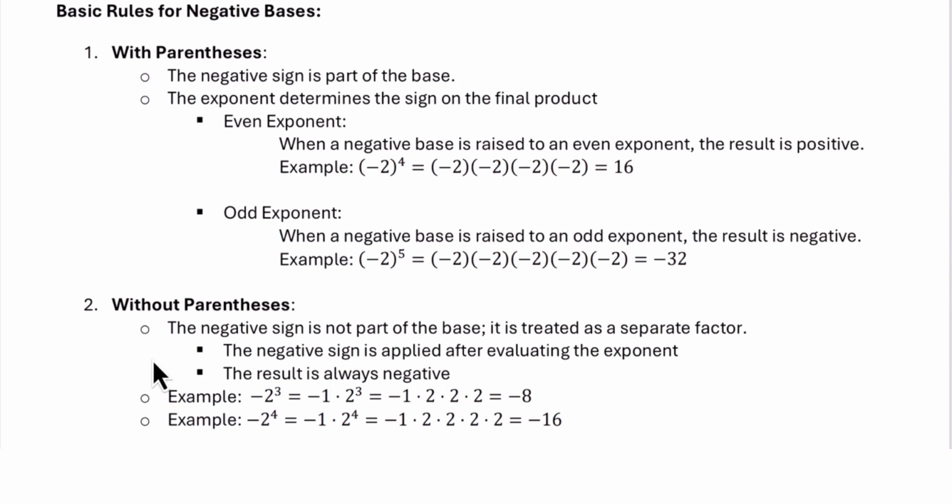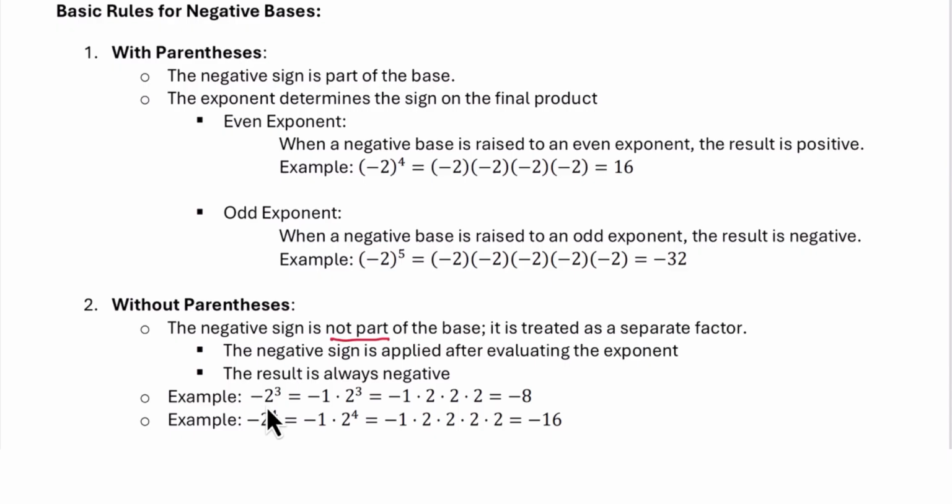If we don't have parentheses, we have to be careful. The negative sign is not part of the base. It's treated as a separate factor. The negative sign is applied after evaluating the exponent, and then the result is always negative. For example, negative 2 cubed.